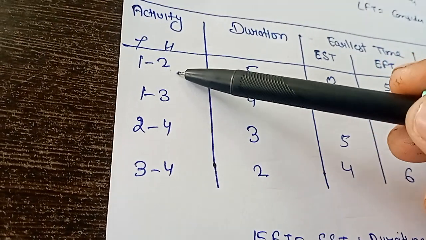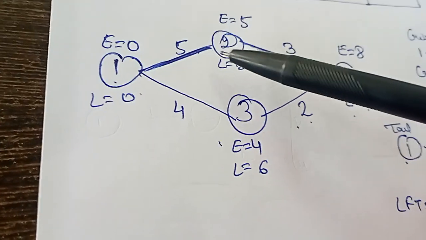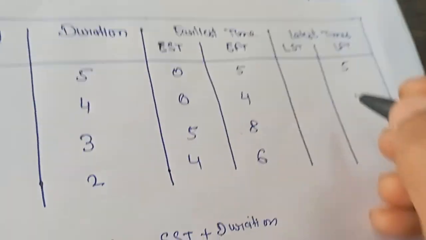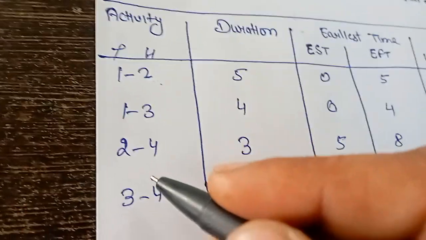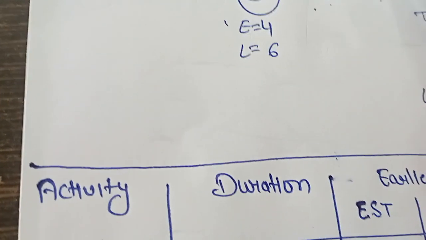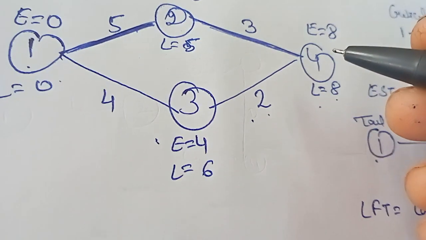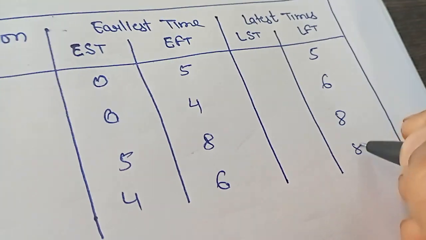First activity that is 1 से 2 and here 2 is head, and in the diagram the L point is 5. Next activity 1 से 3, in the 3 point L is equal to 6. Next 2 से 4 and 4 point L is equal to 8. Next 3 to 4 again L is equal to 8.